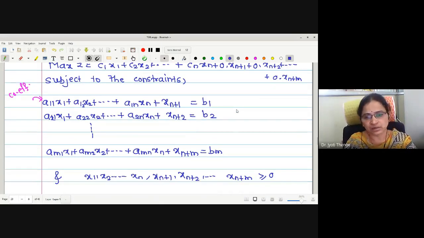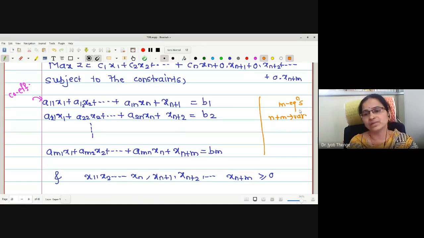But tell me one thing, how many equations do we have in our hand? M equations. How many variables? N plus m variables. How many solutions may the system possess?